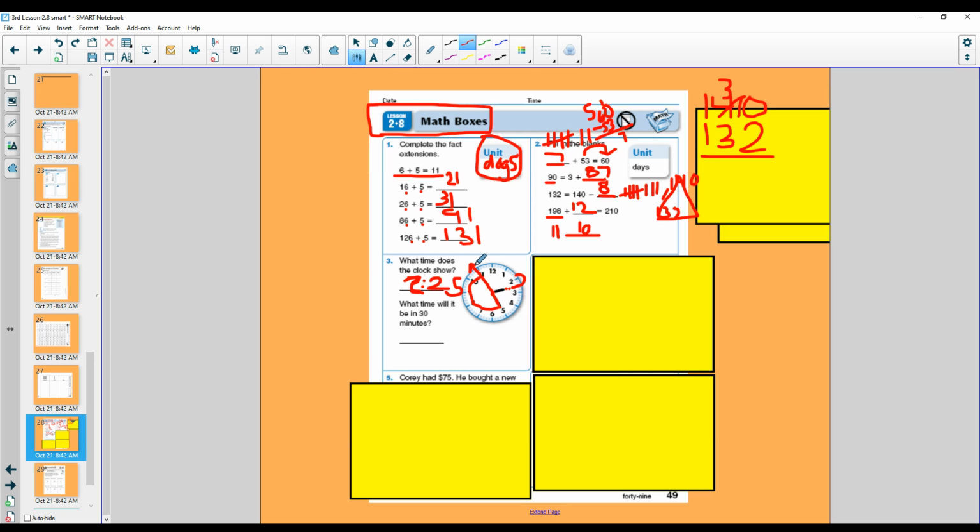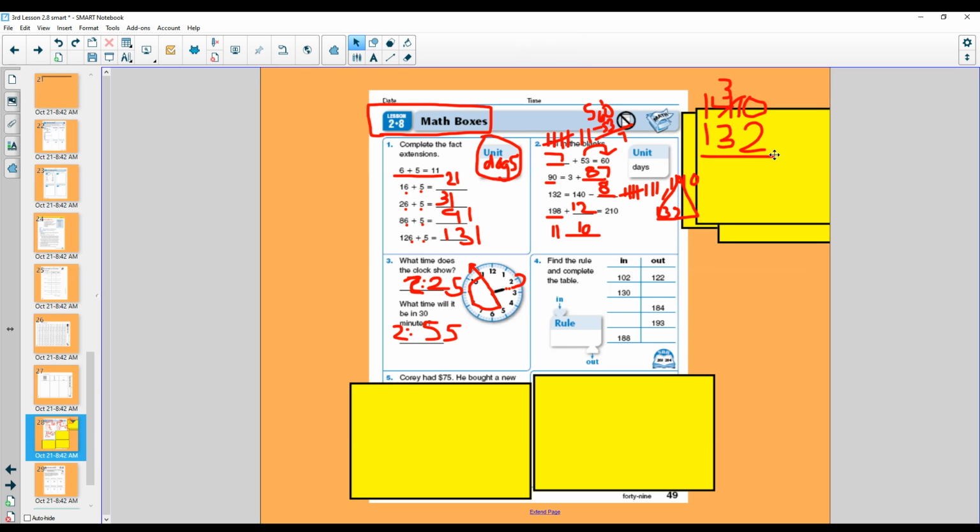If it crossed the 12, it would change to 3 o'clock, but it hasn't, so the hour is still 2. Now, the minute hand is pointing at the 11, so let's count minutes. 5, 10, 15, 20, 25, 30, 35, 40, 45, 50, 55. So I always just use the clock to help me with that, and I move that hand.